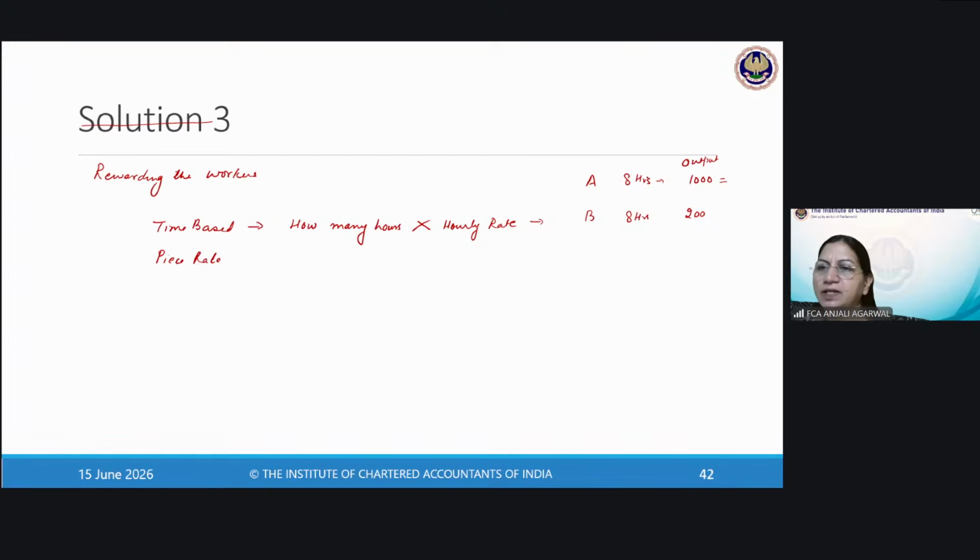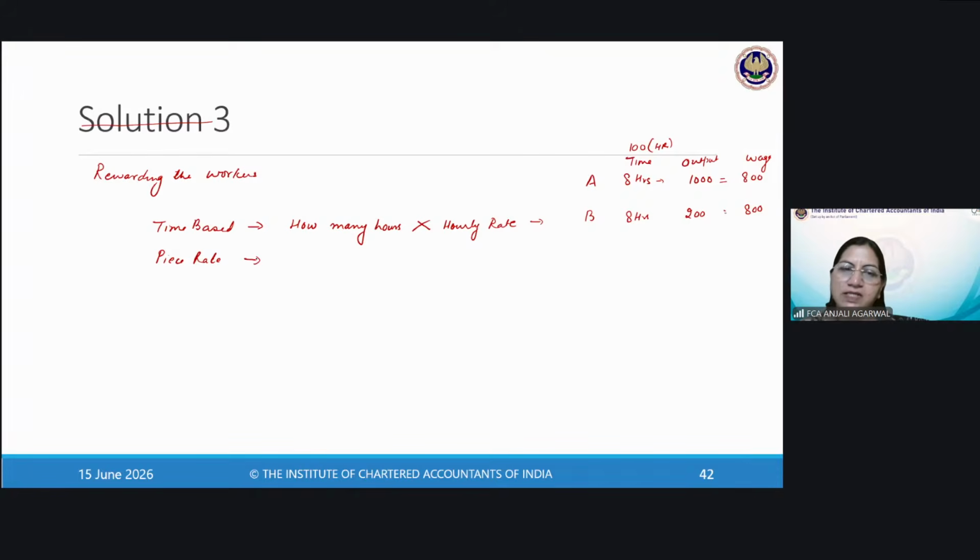They both end up getting, let's say hourly rate is 100, they both end up getting 800. So what happens is worker A over a period of time might get frustrated. He might stop working hard. He may be losing his motivation and he'll not put as much effort as he used to.